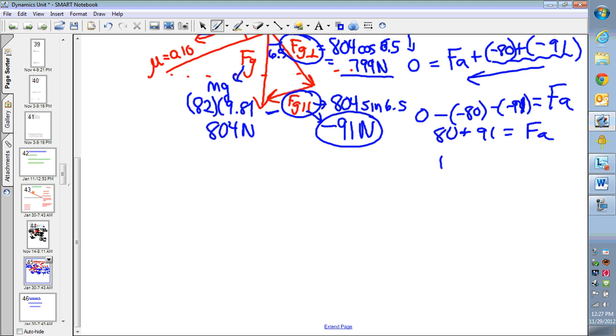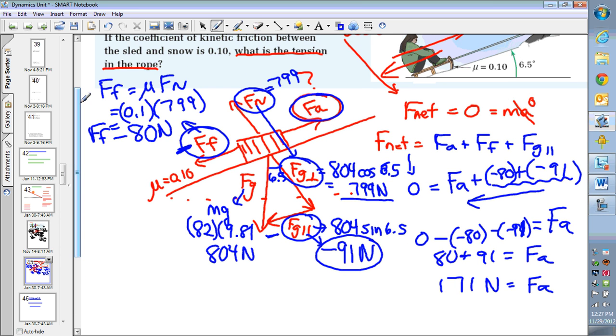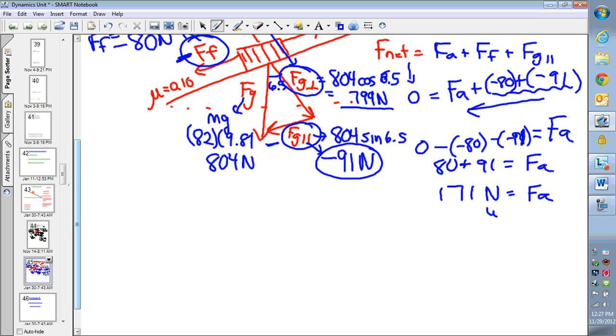So that's 171 newtons is FA. That came out as a positive. I like to just double check that it should be positive. Okay, looks like it should be up the plane. That's the way I drew it. So 171 newtons up the plane is the answer. That's the applied force on the sled to have it go up at a steady speed. Okay, so with those two examples, hopefully you can do lots of problems of your own.